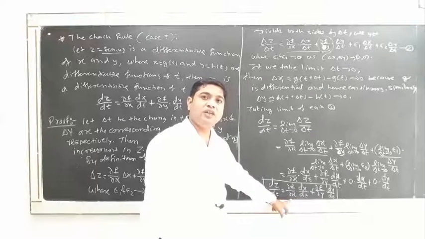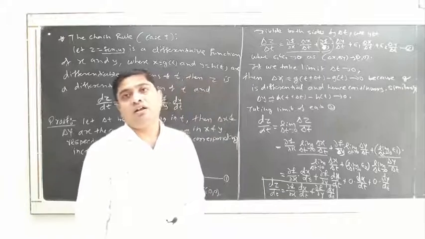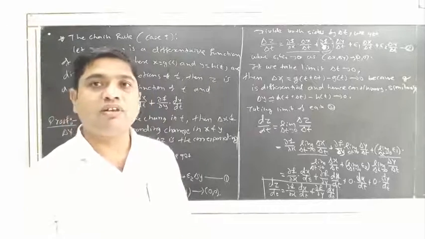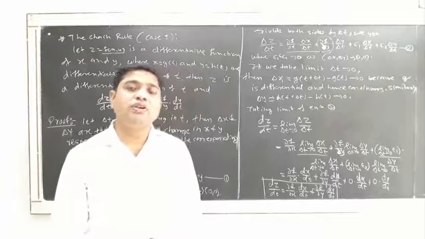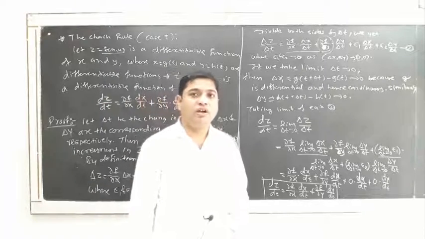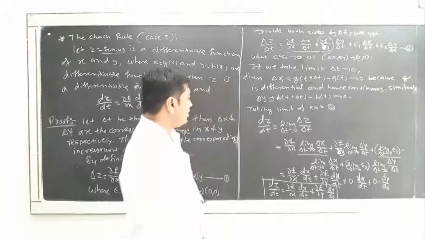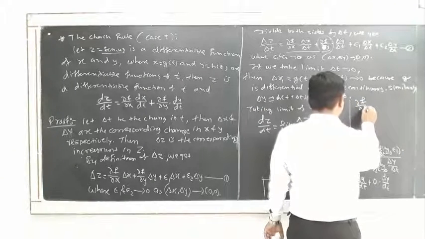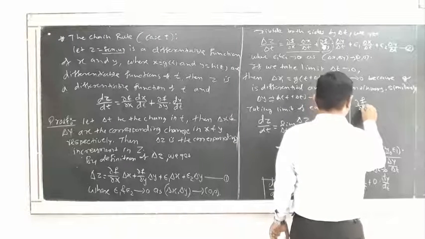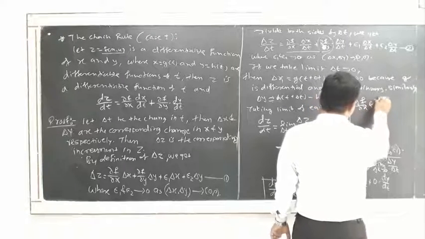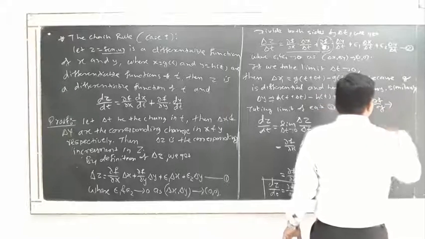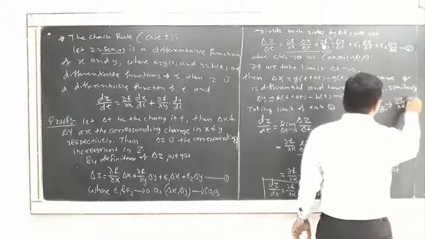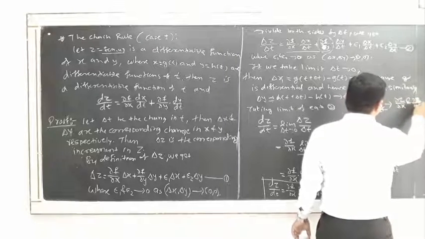If it is partial, then it is del, when two or more variables are there, and ordinary derivative if it is a one variable function. Okay, so we often write del f by del x and del f by del y, or instead of this we write del z by del x and del z by del y.